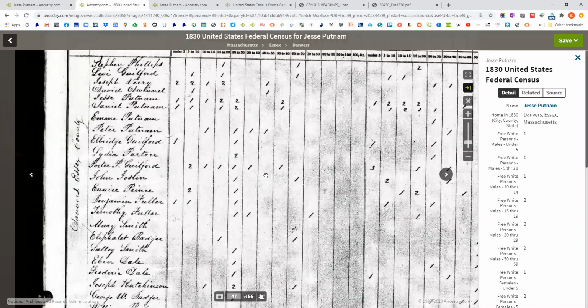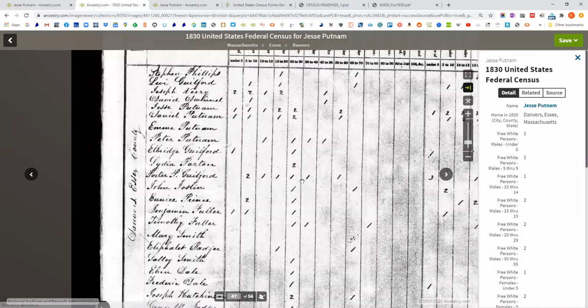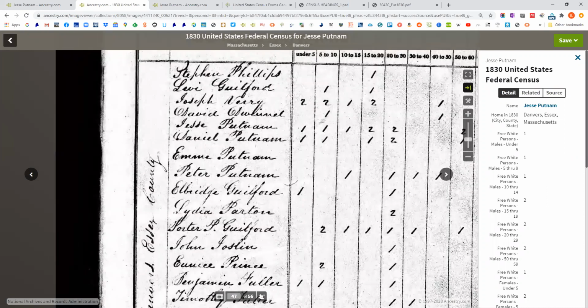And now in this case, you'll see you have Phillips, Guilford, Very, Dwinnell, a few Putnams, because quite frankly in Danvers, the Putnams were everywhere. Guilford, Parton, Guilford, Jocelyn.